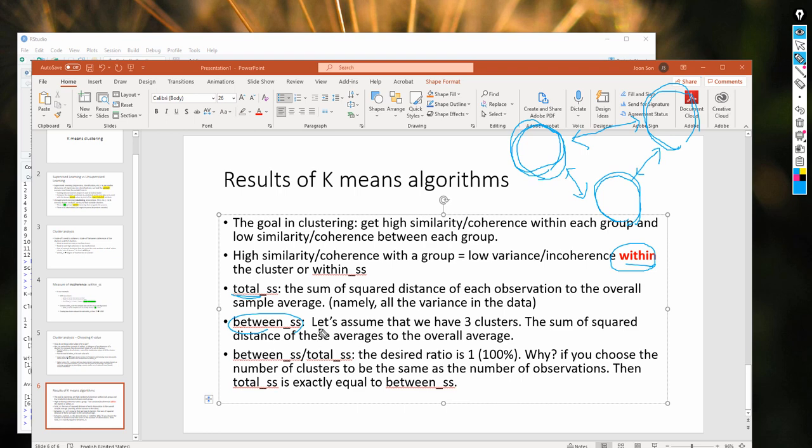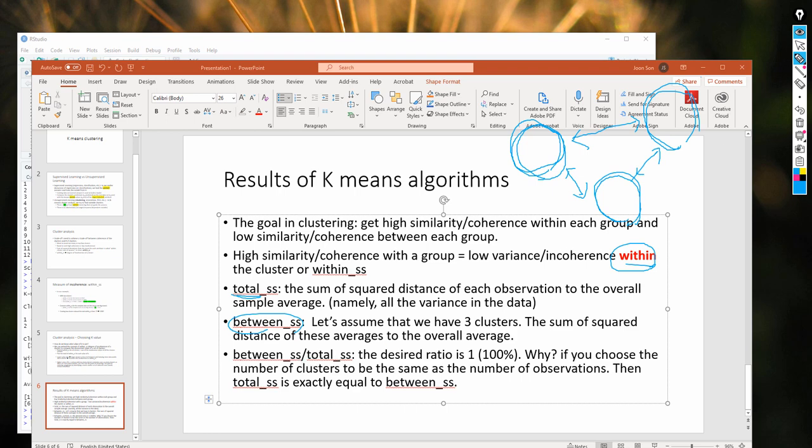Ideally, when you have the ratio of between SS divided by total SS, the desired ratio is 1, meaning 100%. If you choose the number of clusters to be the same as the number of observations, then your between SS is going to be exactly equal to the total SS, so it becomes 1.